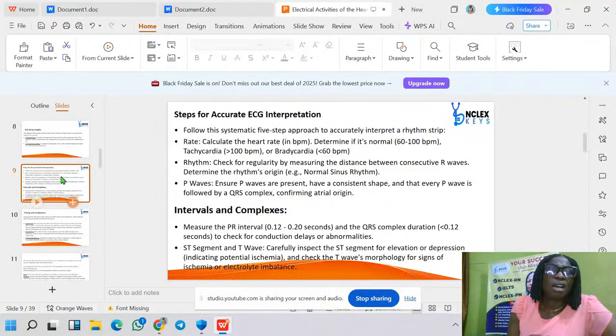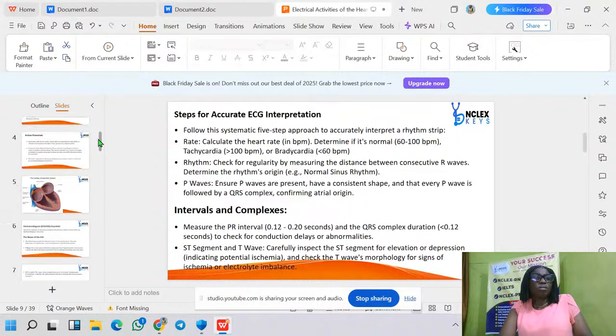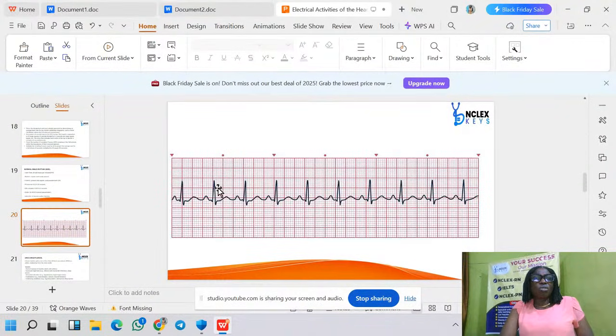After this one, you look at the regularity. I explained yesterday that regularity is number of R to R. If you look at this one now, this tall one is R. So these three boxes in between are constant, so you can say this is a regular reading.